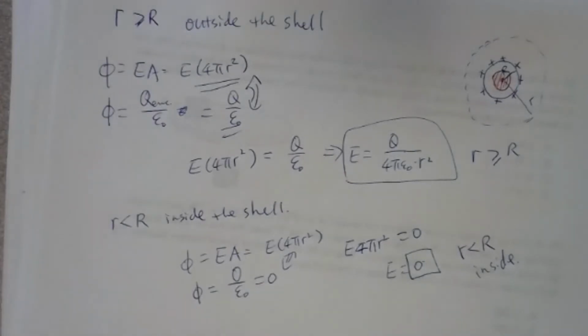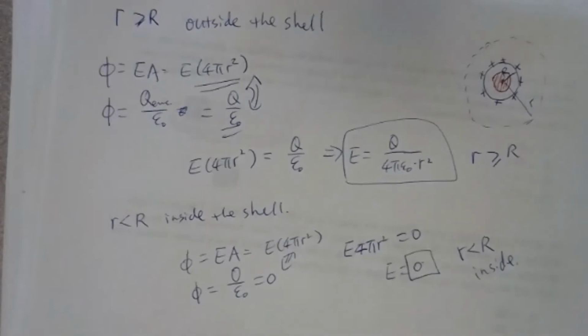Now, in the previous example, you can see it says a non-conducting sphere. What happens to a conducting sphere? As we mentioned, it's a conductor, so the charge will not be inside the conductor.